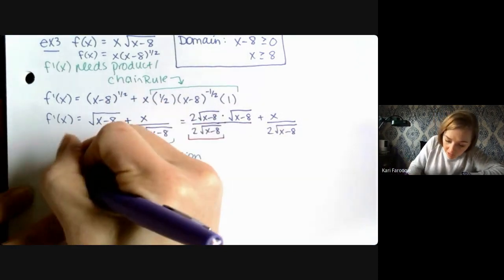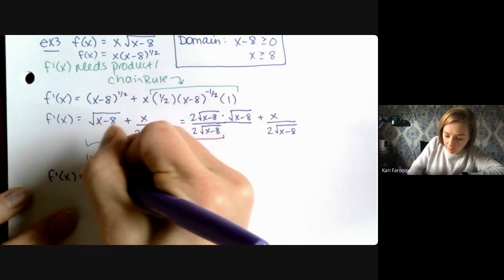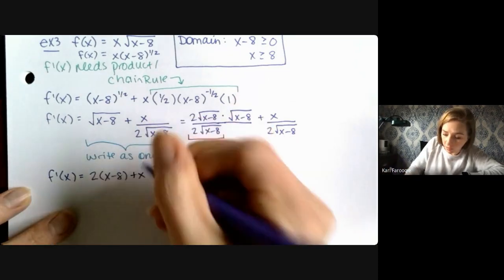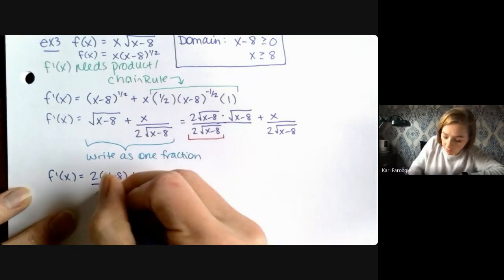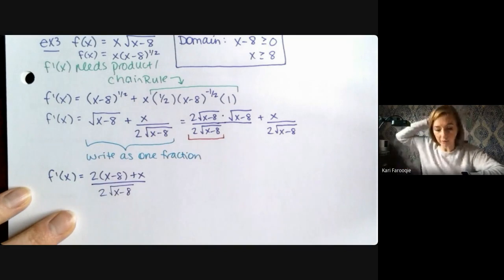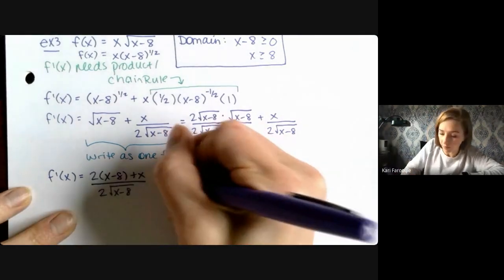The square root of a quantity squared is just what's under the radical. So we can say now that f prime of x is twice x minus 8 plus x, and then the denominator is twice the square root of x minus 8. If you need to pause and look at that again, that's fine. But I'm going to simplify this.